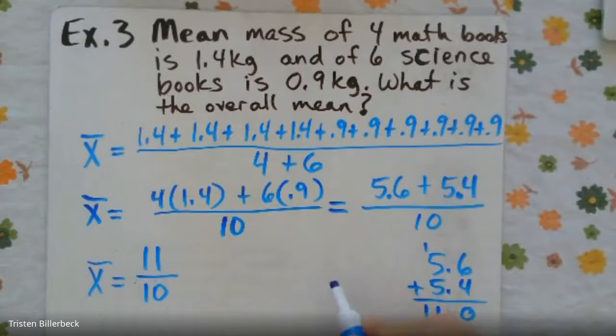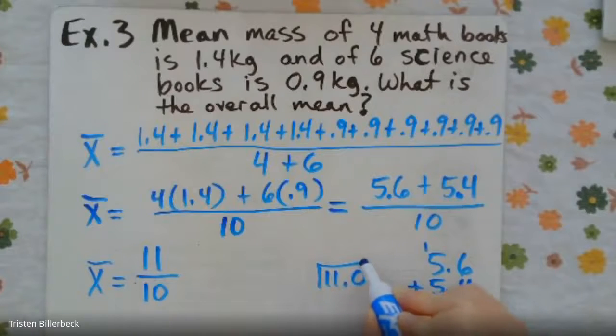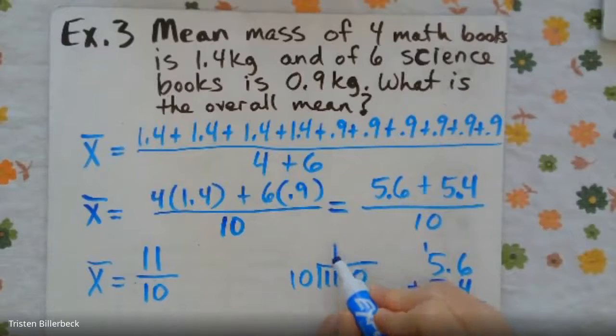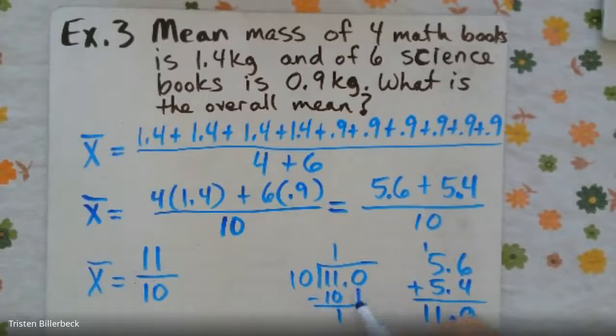Well, if we don't recognize what that is, we do top dog in the house. So 11 goes there, and we put a little decimal there, and 10's over here. We know that there's 1 ten in 11. So we subtract, and we get 1, and we put a 0 there.